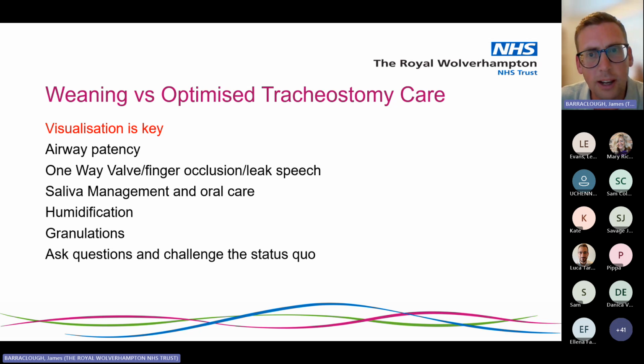So granulations are one of the biggest factors that force us into changing either the length or the type of tube for community patients in particular, and this is a really challenging thing to deal with. Many of our patients hold themselves in slightly unusual positions.